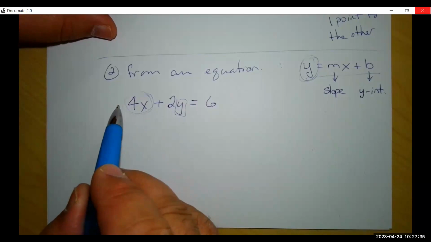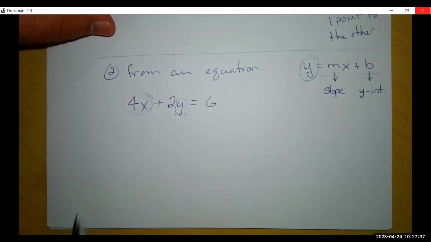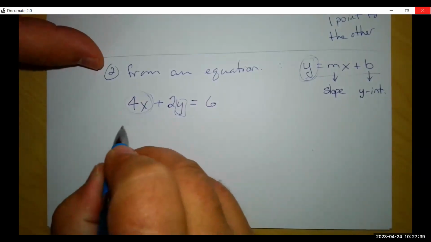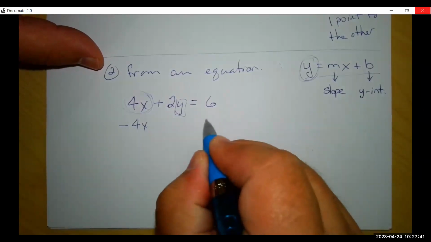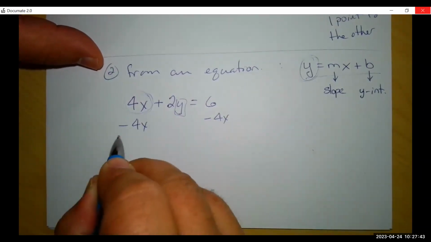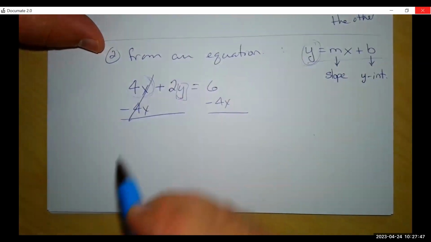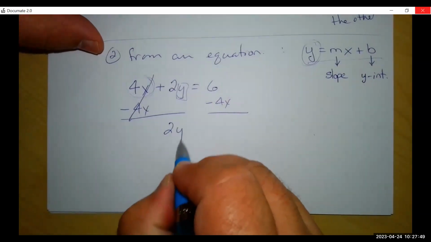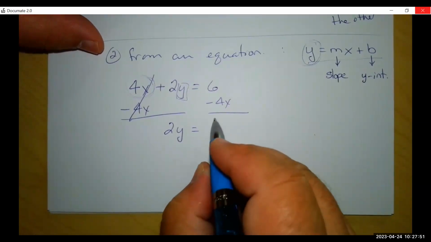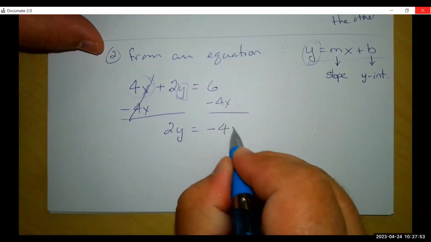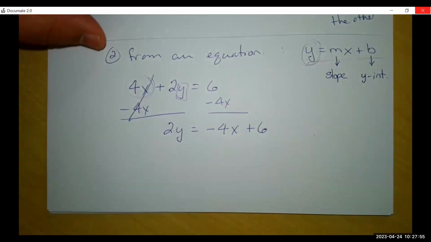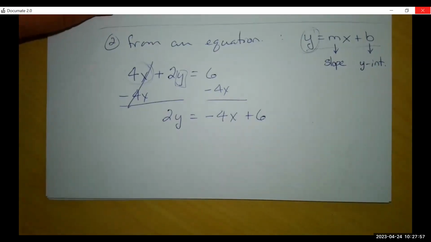So how do you get rid of positive 4x? What's the opposite? Negative 4x to both sides. 4x minus 4x cancels out. We have negative 4x plus 6 on that side.